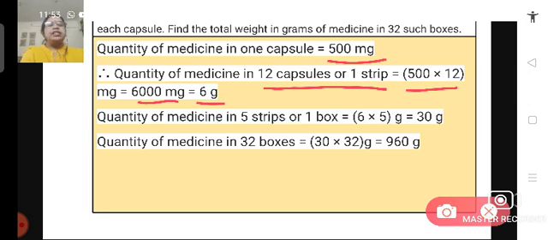Now the quantity of medicine in 5 strips or in one box, it is 6 multiplied by 5, that is 30 grams. And how many boxes we have to find out? It is quantity of medicine in 32 boxes. So in one box we have 30 grams of medicine. So the quantity of medicine in 32 boxes will be 30 multiplied by 32. It is 960 grams. So the quantity of medicine in 32 boxes is equal to 960 grams.